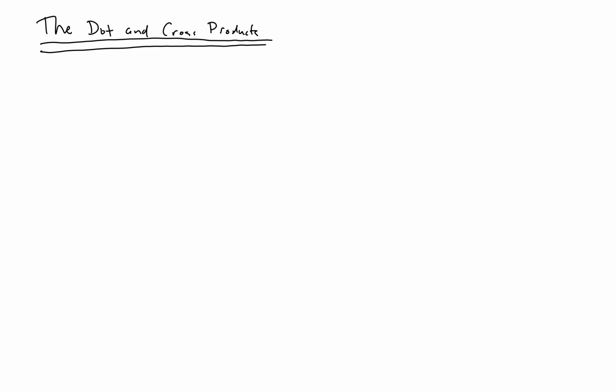So in this lecture, we're going to continue from the flipped class video and continue studying the dot and the cross product. So let's just recall quickly what the dot product was from the flipped class video.